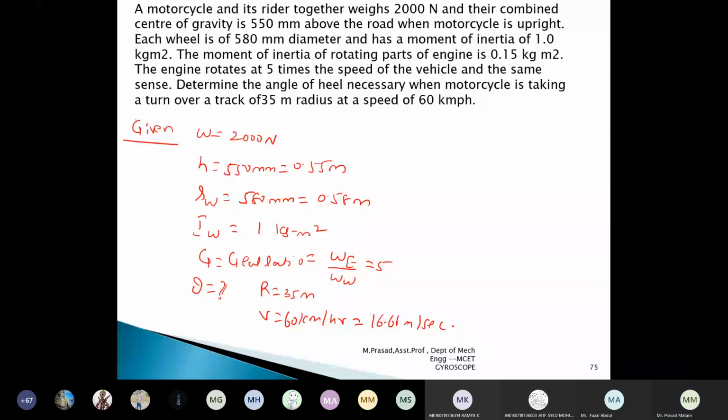Now first try to write the gyroscopic couple. Find out the gyroscopic couple. Can anyone tell the formula for the gyroscopic couple?